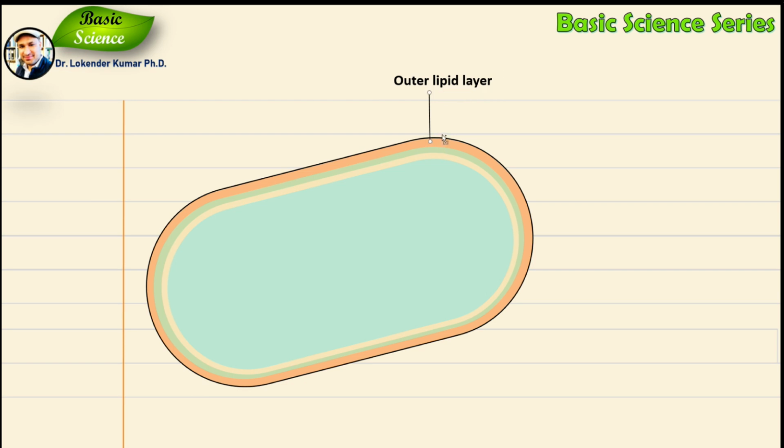And then let's label the second one. I hope you remember that the second one is the peptidoglycan, right? So the peptidoglycan is the middle layer in gram negative, and it's the outer layer in gram positive. So you need to remember these important structures.